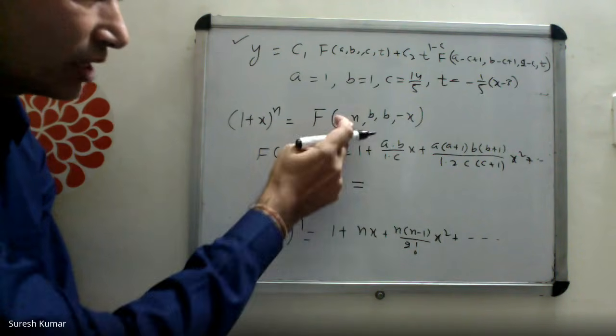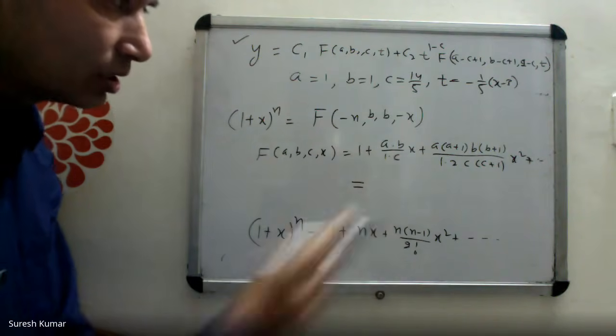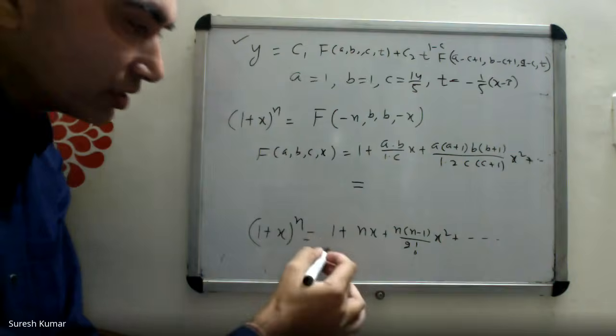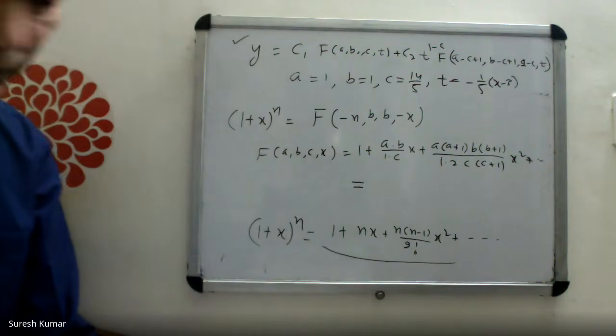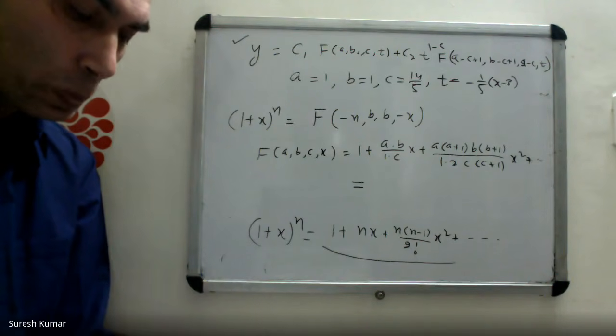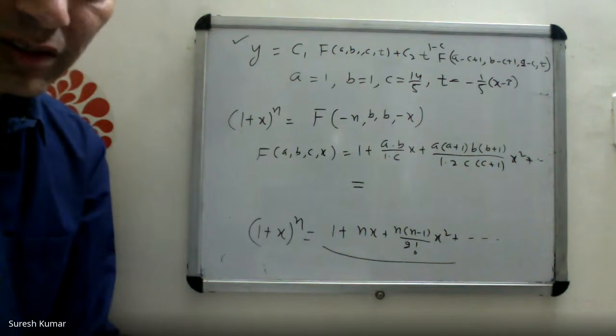So if I choose a equal to minus n here and c equal to b, x equal to minus x, do I get this series? Check it.